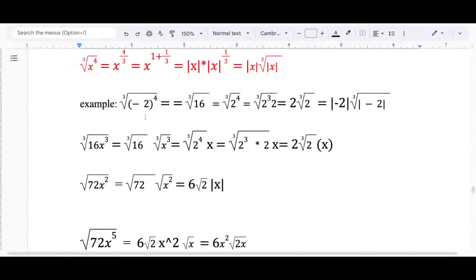Example, we see negative 2 raised by 4, then cubic root. First, we do negative 2 raised by 4. That's positive 16. No more negative. Then 16 can be written as 2 raised by 4. We can split it to be 2 cubed times 2. There's index 3, so the cube root of 2.